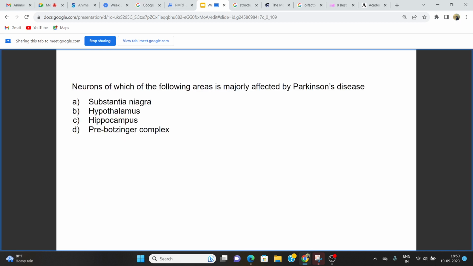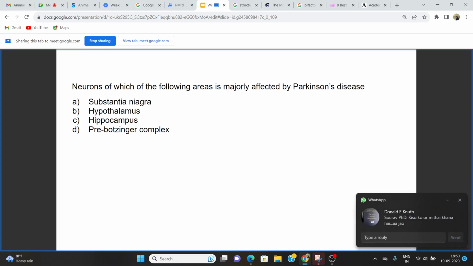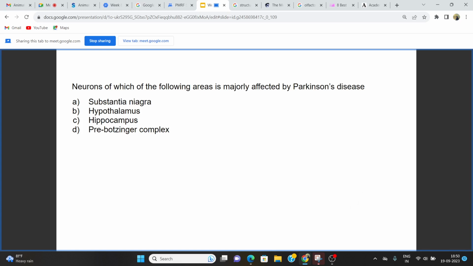Next question. Neurons of which of the following areas are majorly affected by Parkinson disease? Substantia nigra, hypothalamus, hippocampus, or Pre-Bötzinger complex?